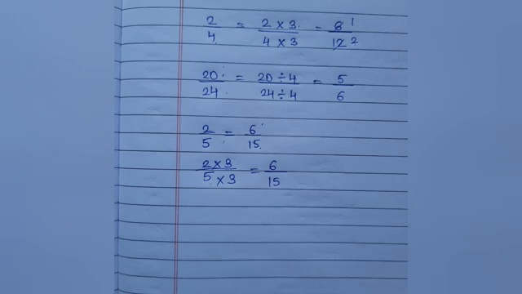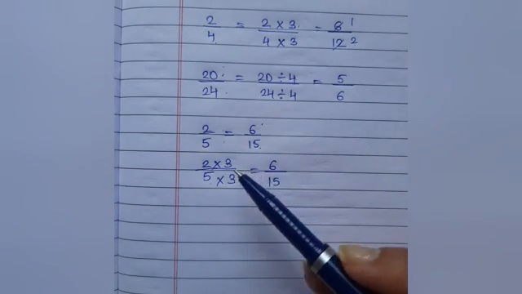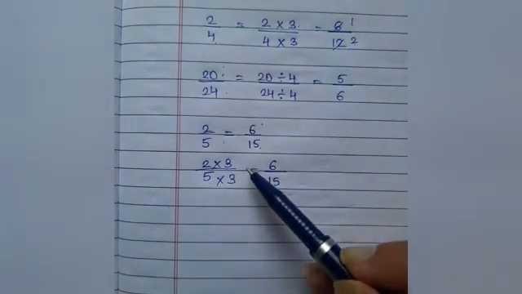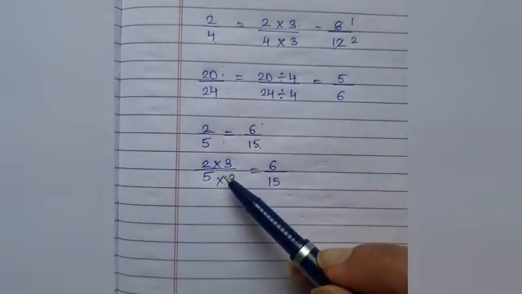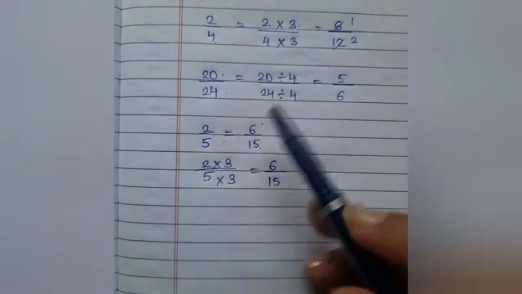So we have to keep in mind that when the numerator and denominator of a fraction are multiplied by the same non-zero number, meaning a number which is not 0, we get a fraction that is equivalent to the given fraction.